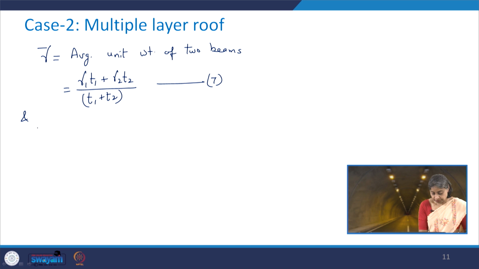And E T square bar is equal to T1 E1 T1 square plus T2 E2 T2 square divided by T1 plus T2.